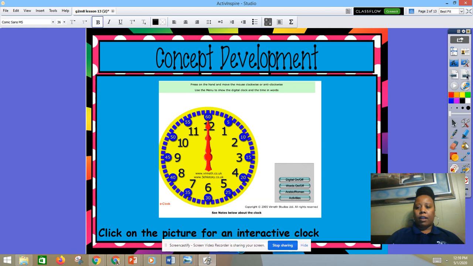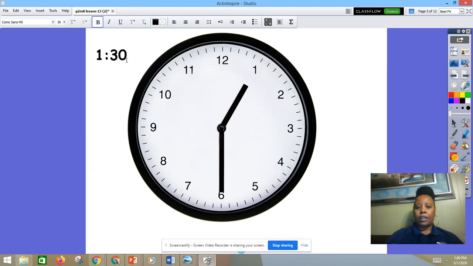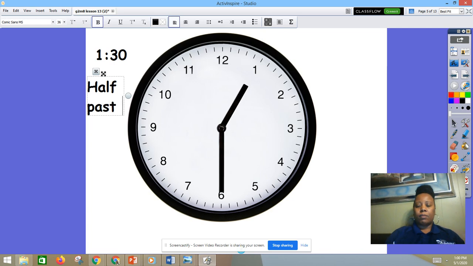When we look back at our clock that we partitioned, that is halfway through. So that time is 1:30, and it's also half past what hour? 1. It's half past 1.